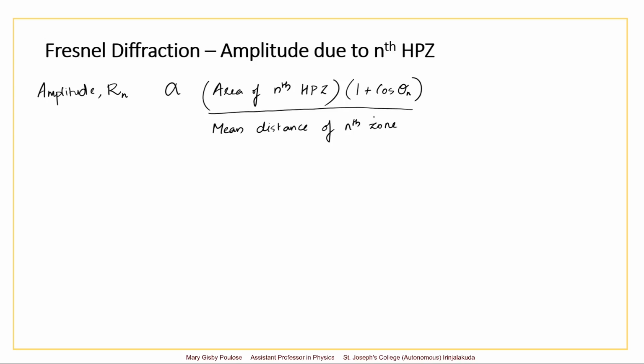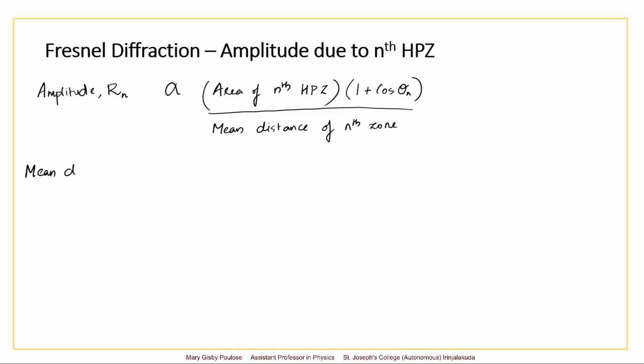So let us calculate the values of each of the terms here. The mean distance of the nth zone is calculated by taking the average between the neighboring two half period zones. So let us calculate that.